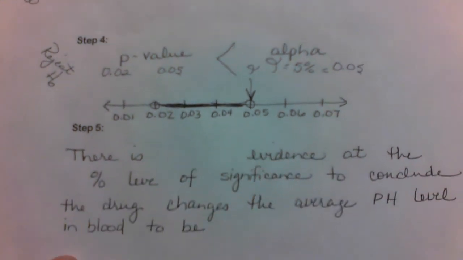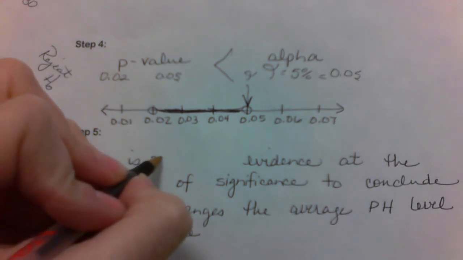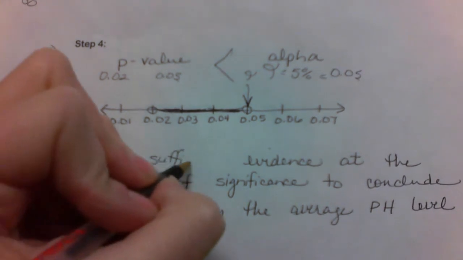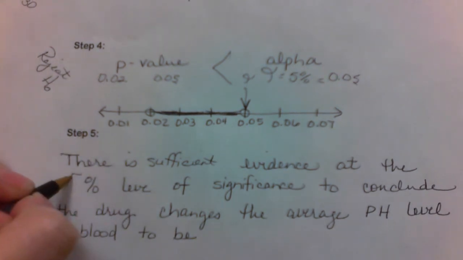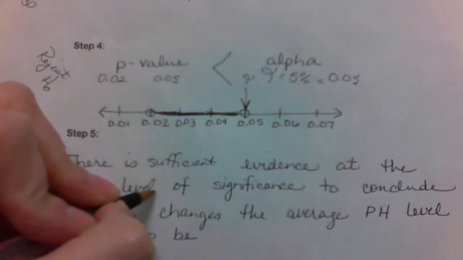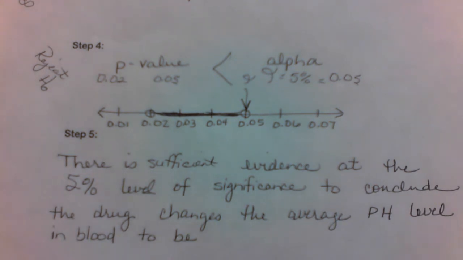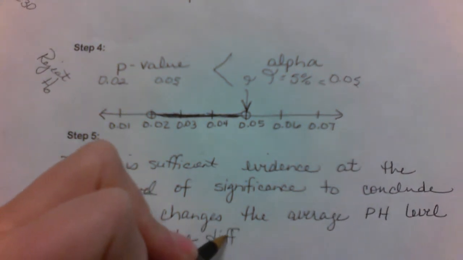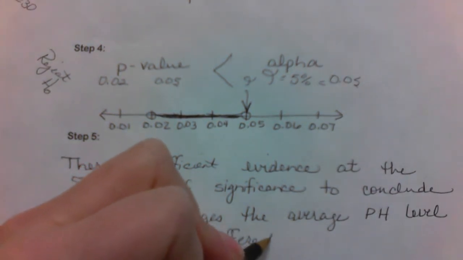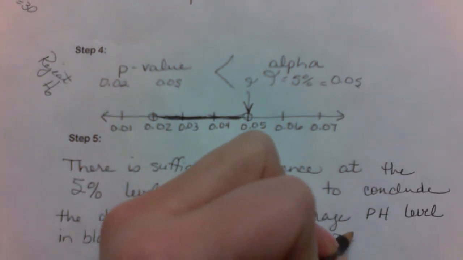So when we reject, we know that we have sufficient evidence at the 5% level of significance to conclude the drug changes the average pH level in blood to be different than, because I used my alternate and it was an is not equal to, so different than 7.4.